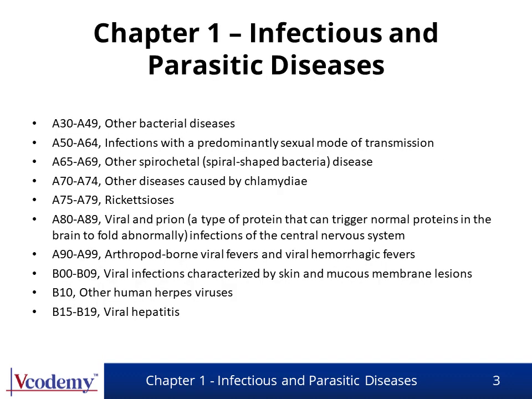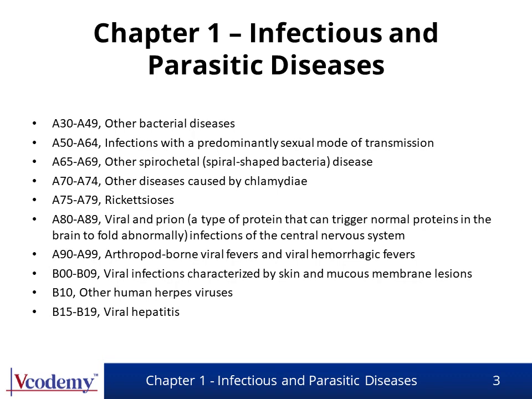The next range is A30 to A49, other bacterial diseases. A50 to A64, infections with a predominantly sexual mode of transmission. A65 to A69 has other spirochetal, spiral-shaped bacteria diseases.